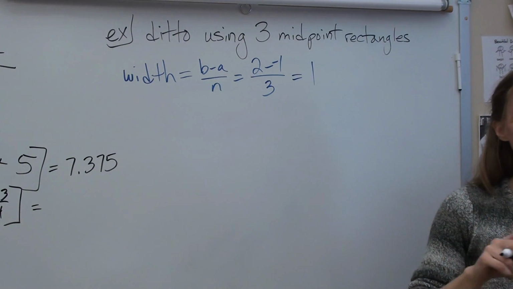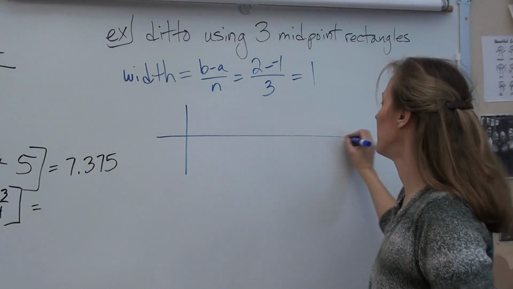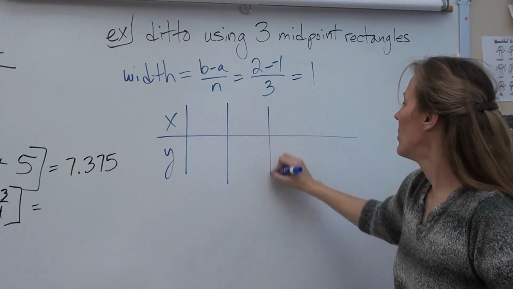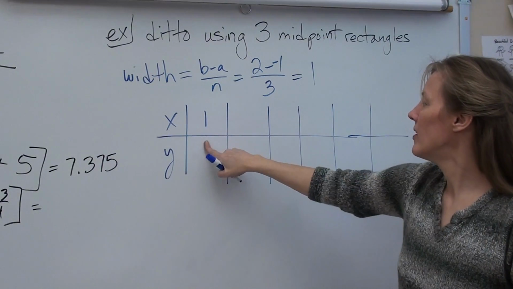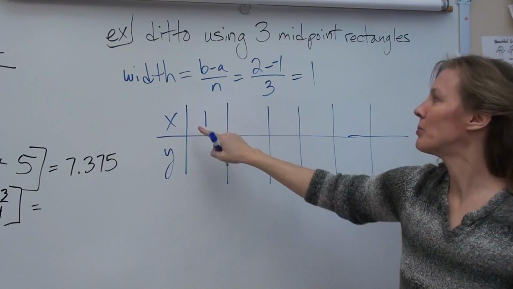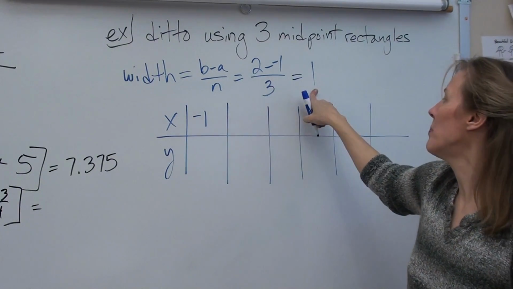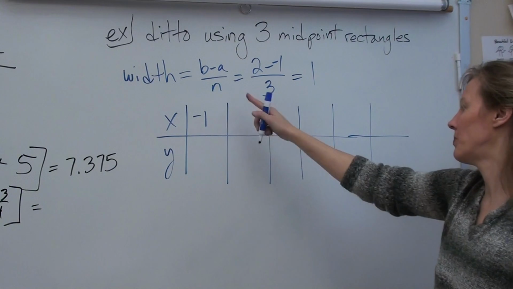When you make your table for midpoint, here's what I want you to do. You start at your left endpoint, -1, and then walk by widths every other little unit here.